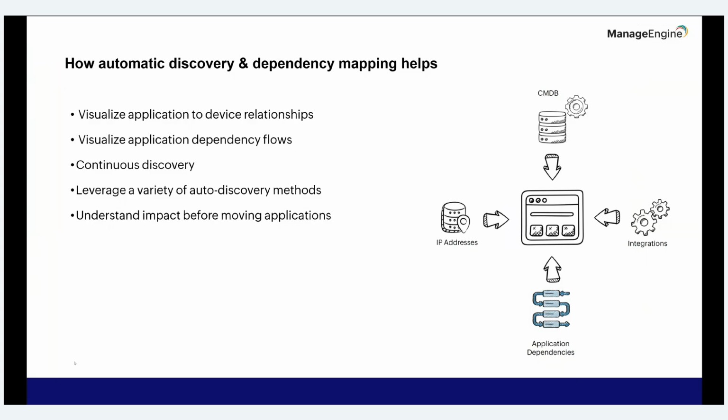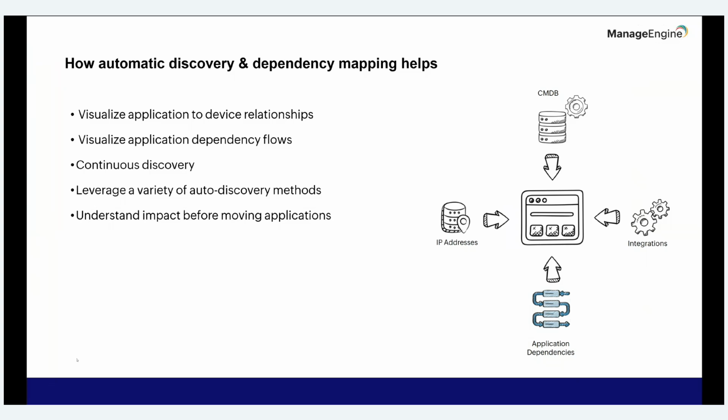It also helps you to leverage a variety of auto discovery methods, as mentioned: IP range, CIDR range, and VMware or vCenter based discovery can all be done. Using this dependency map and discovery mechanism, it helps us to easily understand the impact before moving your applications.